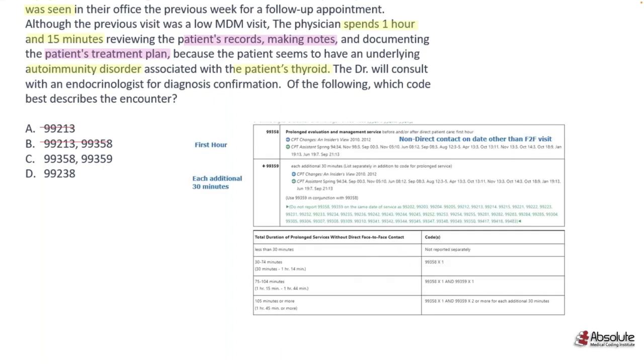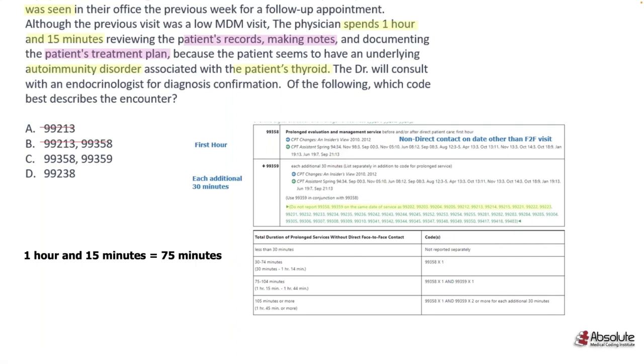And here are my two codes. 99358 is coded for the first hour, and we are coding for 1 hour and 15 minutes. And although 99359 is coding for the second hour or the second 30 minutes, we can code it, and here's why.